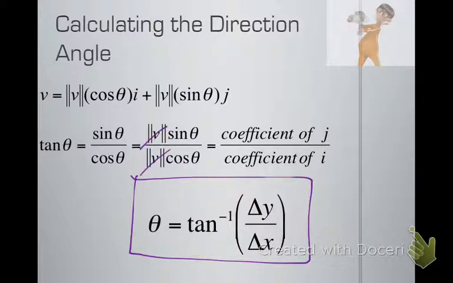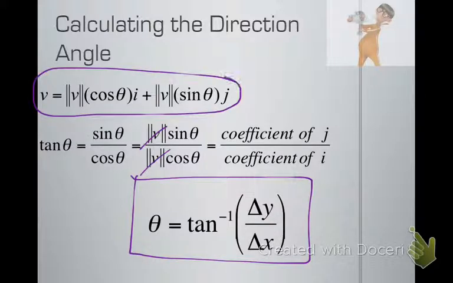And so what that really leads us to realizing is that we have to take the inverse tangent of the coefficients of the i and j, which were the x and y components. So I've kind of simplified all of that. This is how I think of it, and this will work for you as far as I know. But also realize that this is kind of an important relationship to understand.